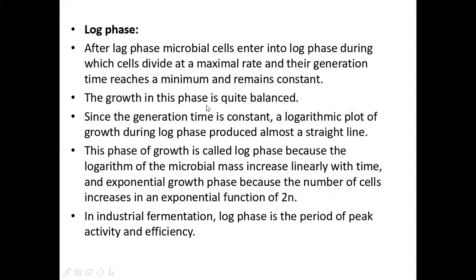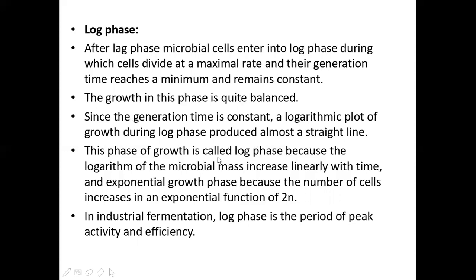The growth in this phase is quite balanced, and since the generation time is constant, a logarithmic plot of growth during log phase produces almost a straight line. So as the cells are dividing in a logarithmic fashion, the graph is a straight line, which we have seen.